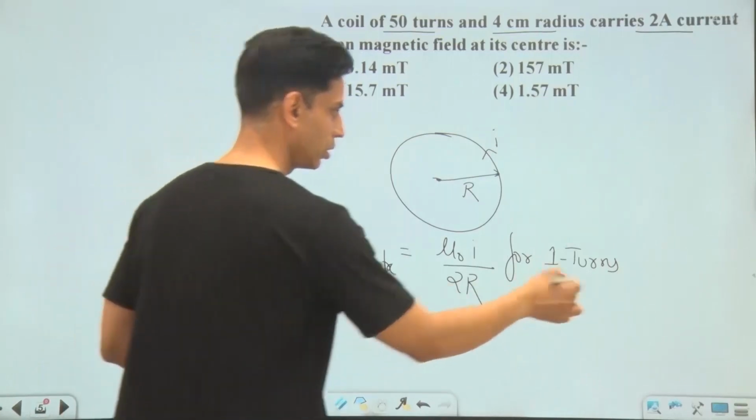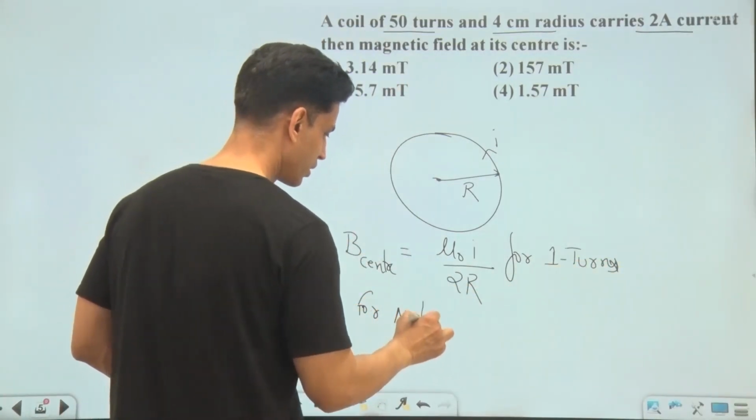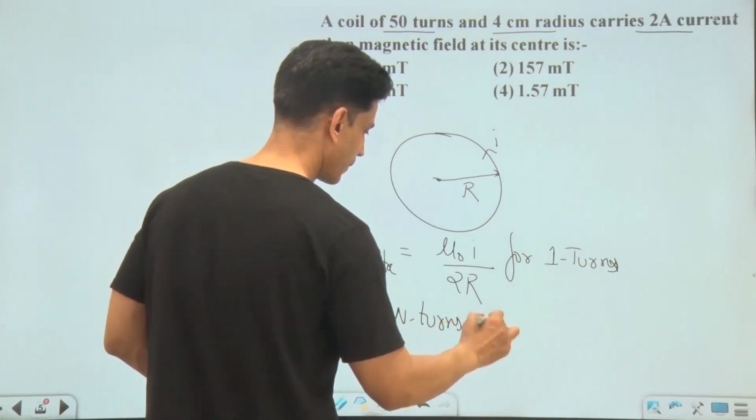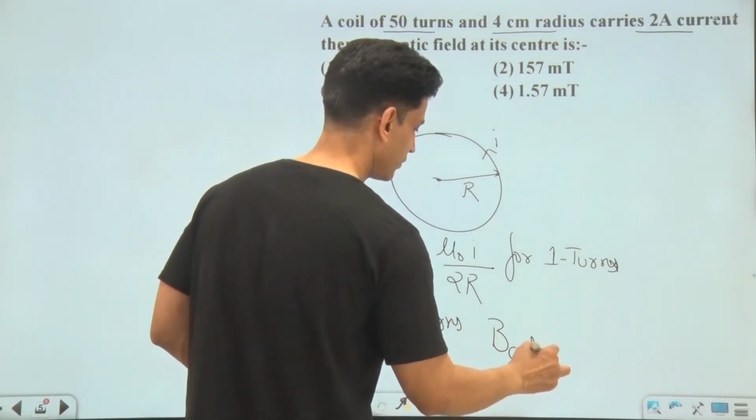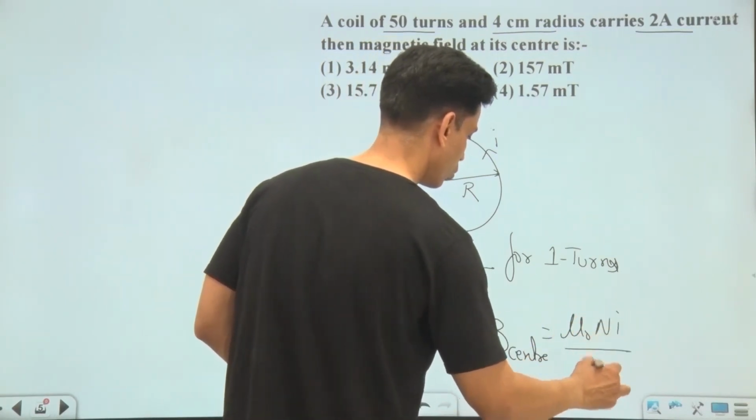Now for n turns, B at the center will be mu naught N I upon 2r.